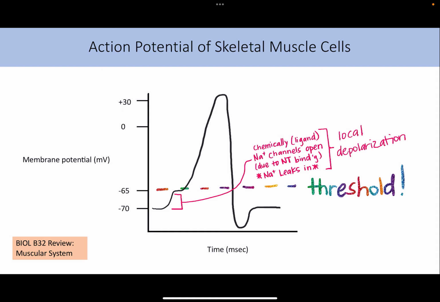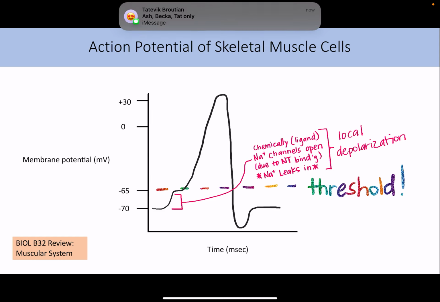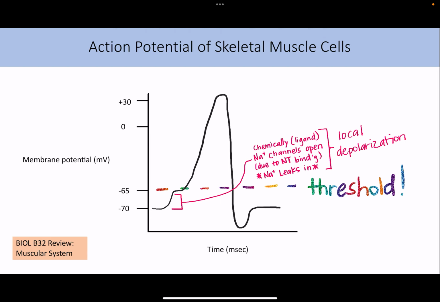If we start at negative 70, we go from negative 70 to negative 69, 68, 67, 66, and then negative 65 is our threshold. Other professors may have told you negative 55. That's not really super important because depending on the cell, there's going to be a range for threshold. It could be at negative 65. It could be at negative 55. They're all going to be different for different cell types.